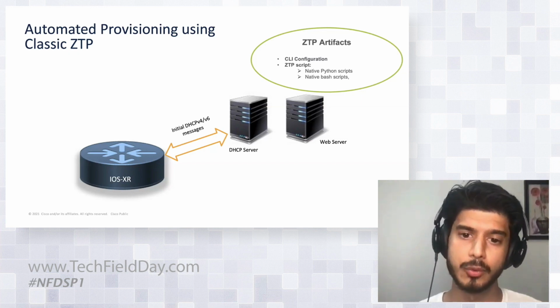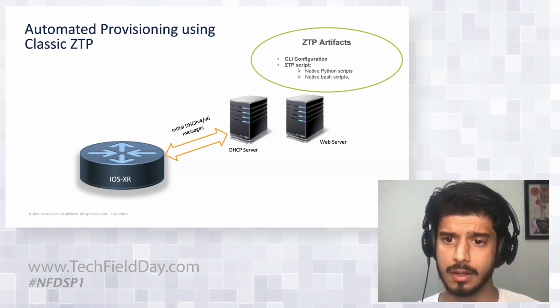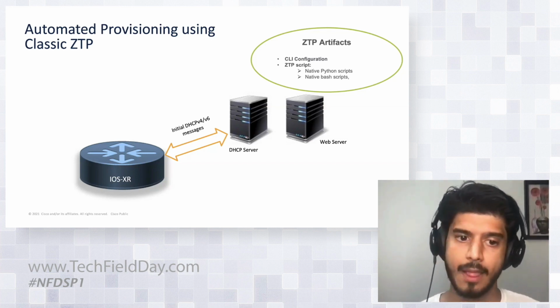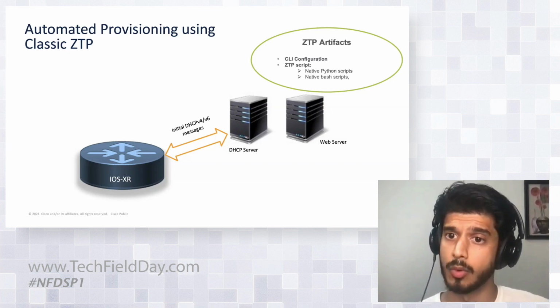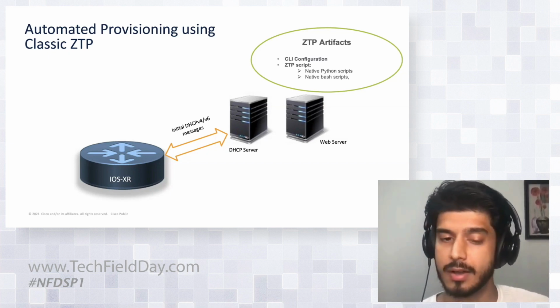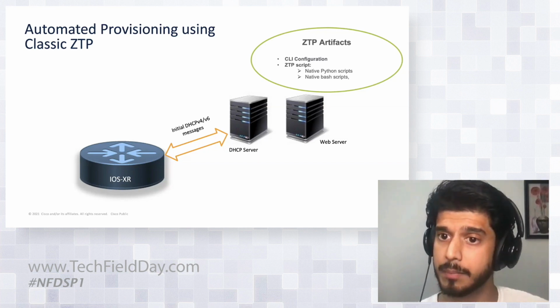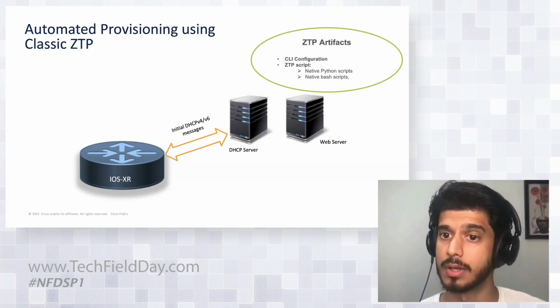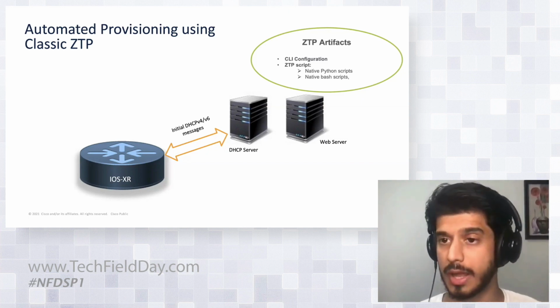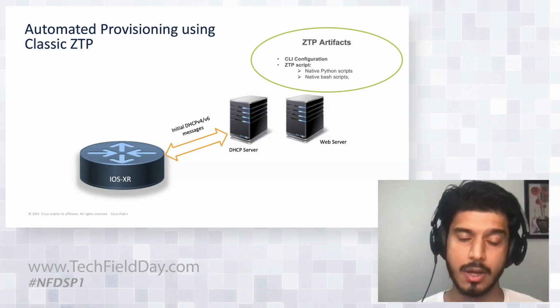And that ends up giving you either the location, the URL to download a CLI config directly, or a ZTP script. In the XR land, we support, frankly, any type of binary packaging that you need, but we of course support natively Python and Bash libraries, which allow you to do just about anything on the box in terms of automation.